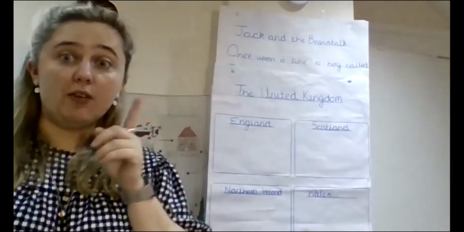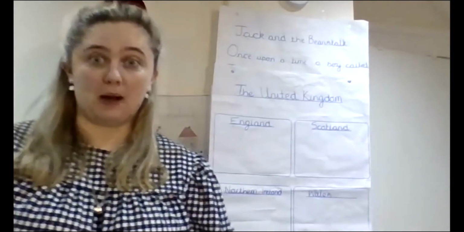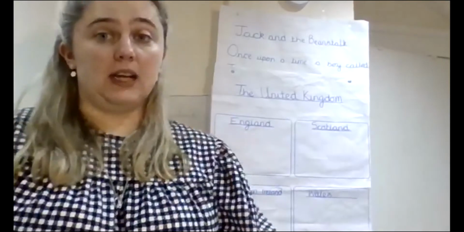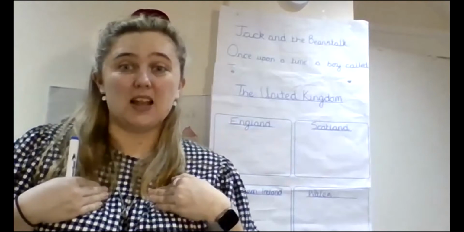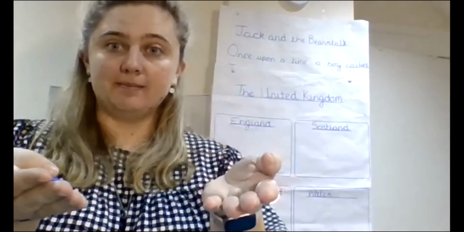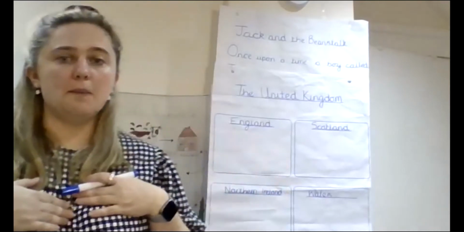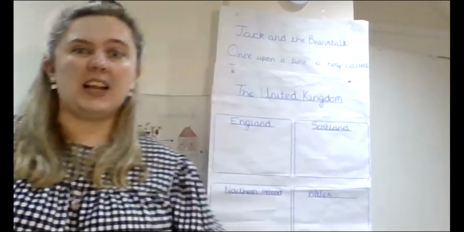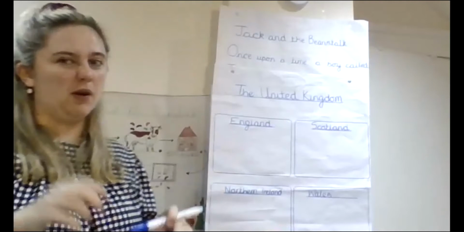Well, I could take a fact from the quiz, couldn't I? Or I could just write something I already know about England. I think I'm going to write the capital city of England is London. Fantastic. So that's going to be my fact. Remember, your fact doesn't have to be the same as my fact, and you can write more than one fact. Okay, but let me write that one down.